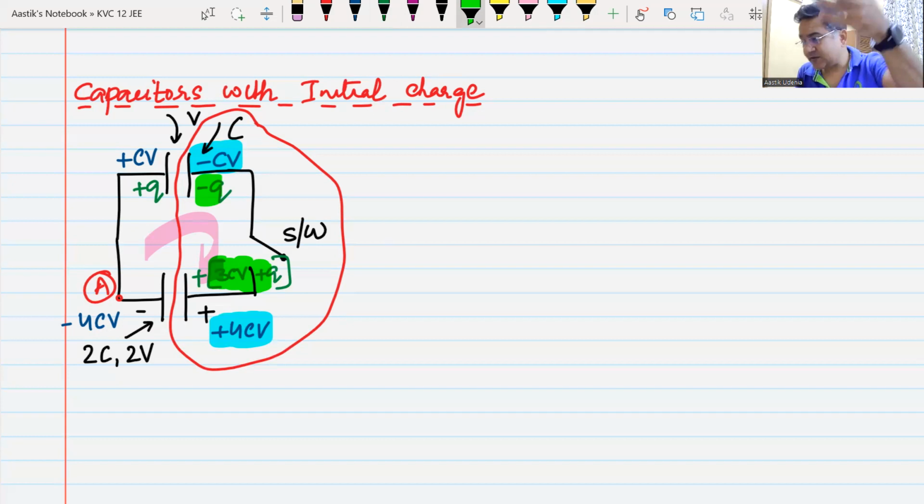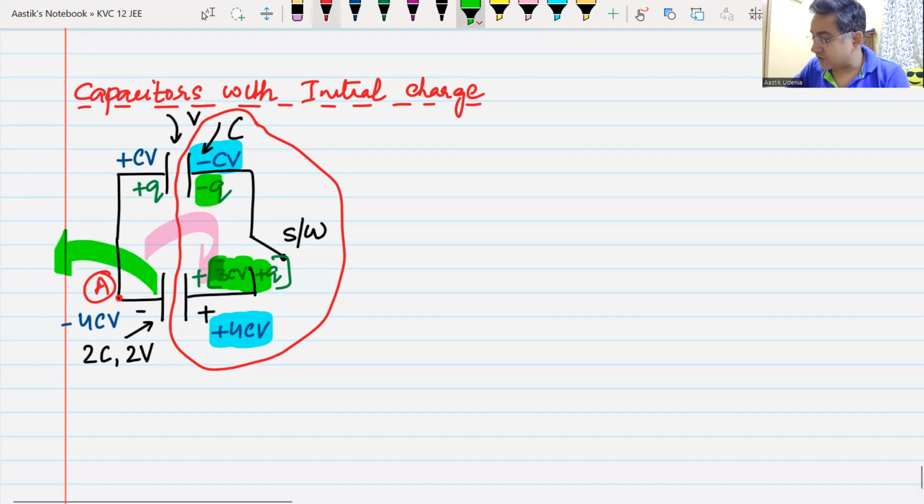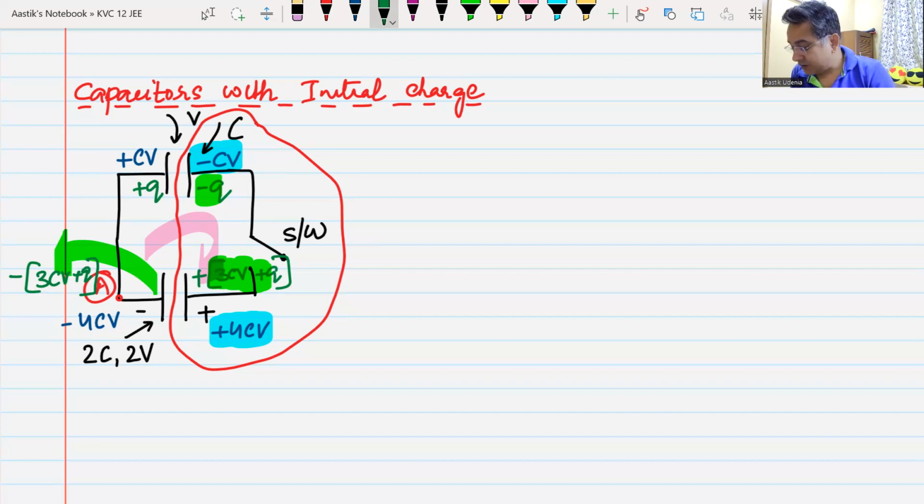I've already given minus Q on that plate, so whatever remains comes on the lower plate. So the charge on this plate will become minus of 3 CV plus Q. This is simple math, plus and minus I have done. Do we get this?